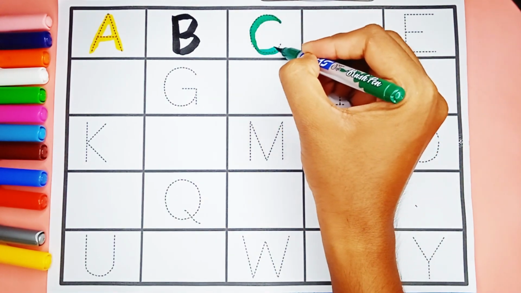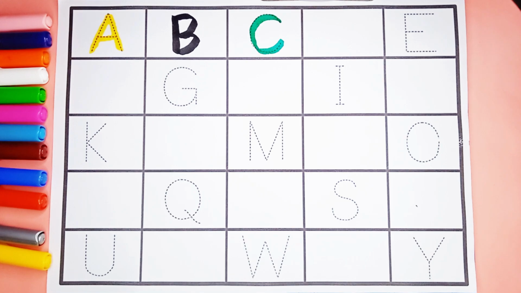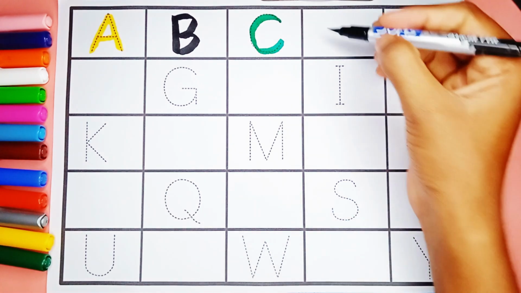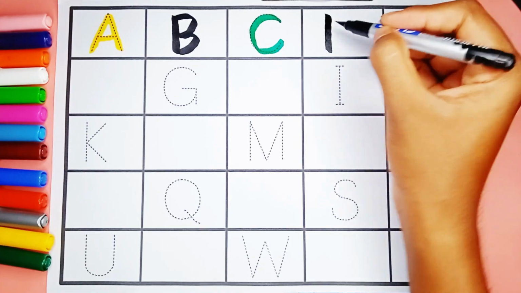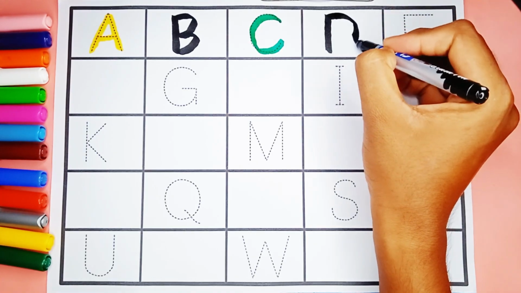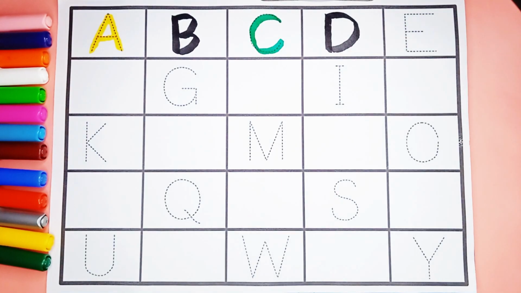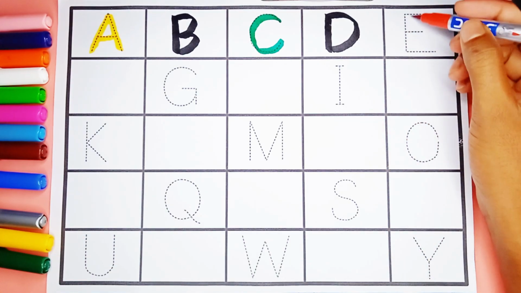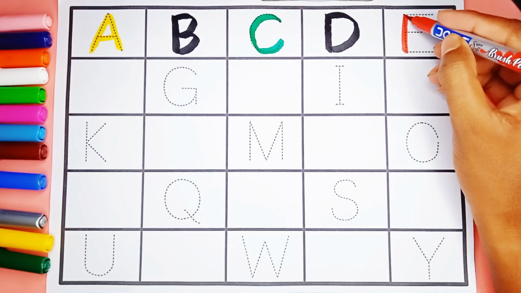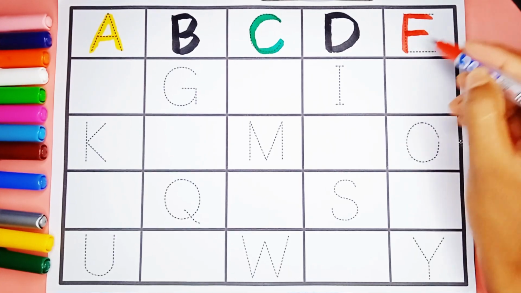C. C is for cat. D. D is for dog. E. E is for elephant.